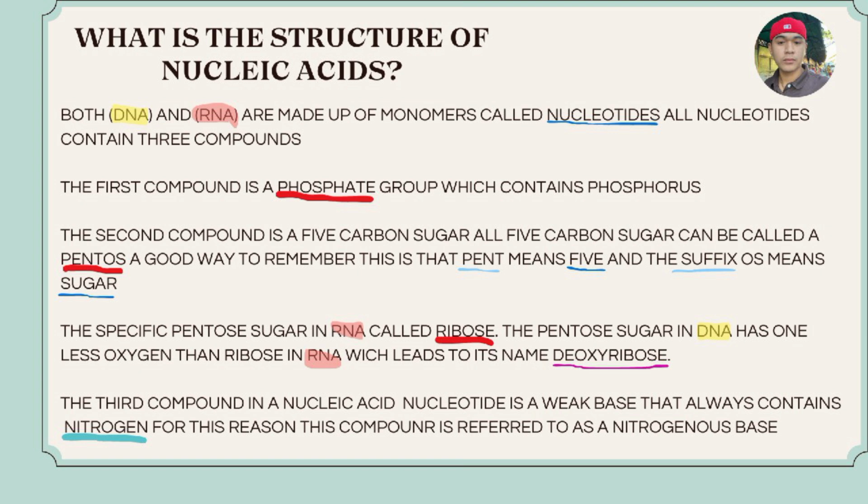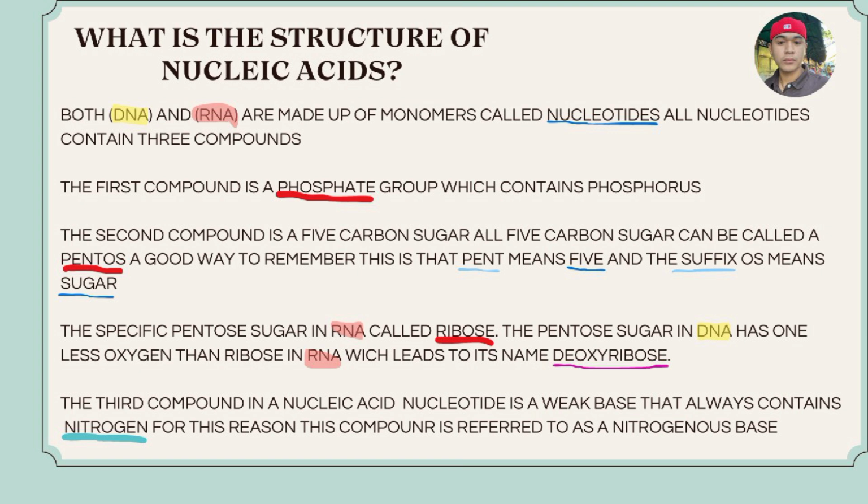The first compound is a phosphate group, which contains phosphorus. The second compound is a 5-carbon sugar. All 5-carbon sugars can be called a pentose. A good way to remember this is that pent means 5 and the suffix -ose means sugar. The specific pentose sugar in RNA is called ribose.